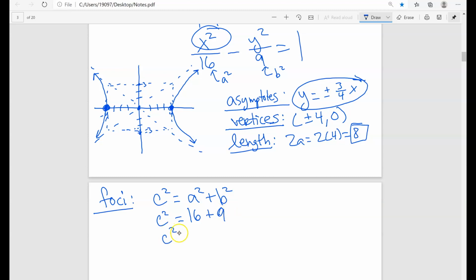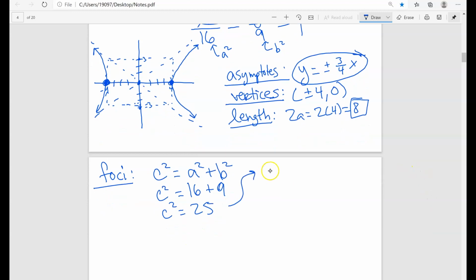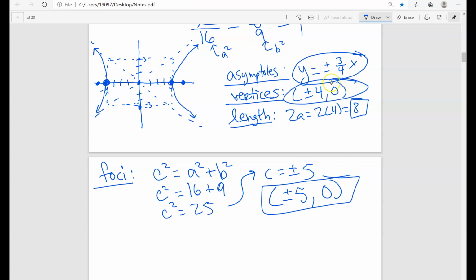So you're going to get c squared equals 25. So you can see that c is going to be equal to plus or minus 5. Since the value of c is going to be along the x-axis, the coordinate is going to be plus or minus 5, 0. Okay, so those are going to be my solutions.